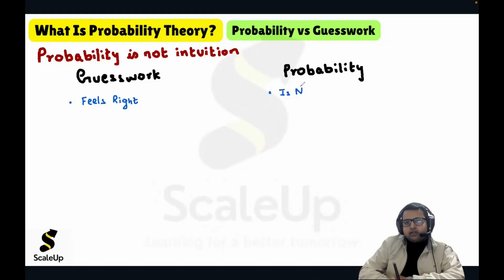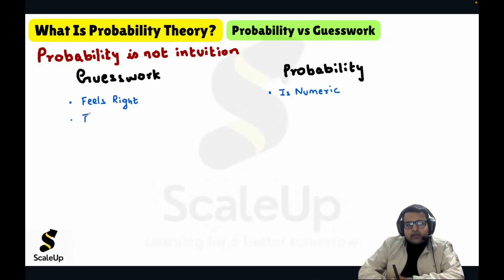Probability is numerical in nature. So probability assigns a value, and that value gives us clarity. But in guesswork there is no number associated. Guesswork is not numeric. It contains keywords like feels safe, feels risky, feels right, feels wrong.